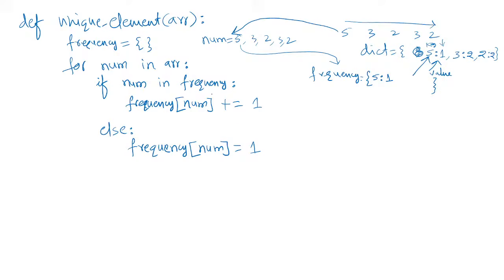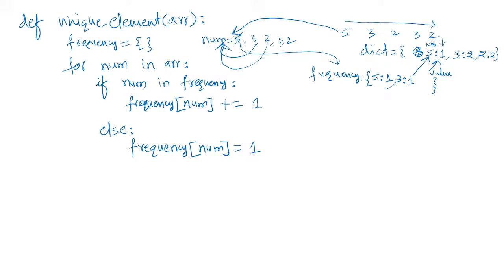Got it? Okay, so then num gets the next value, that is 3. Then it checks whether num is in frequency. Is it present in the frequency? No, so it comes to else. Frequency of 3 is equal to 1, so it creates one more key 3 with value 1.